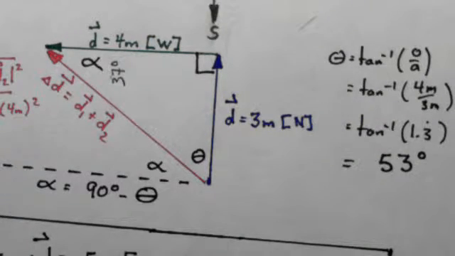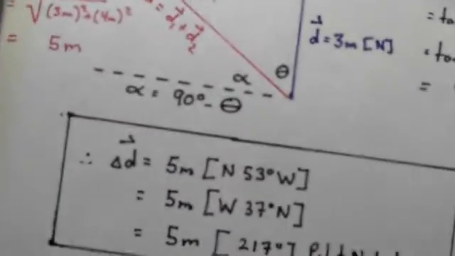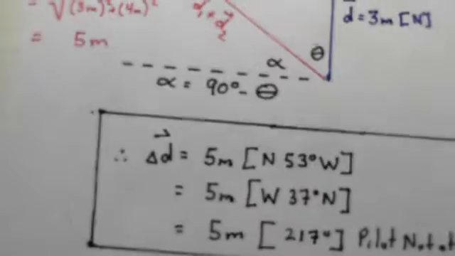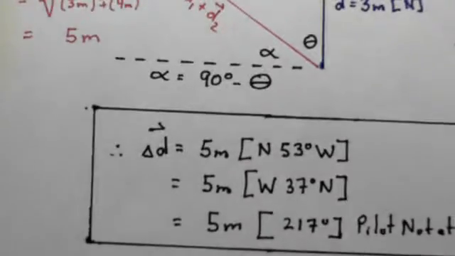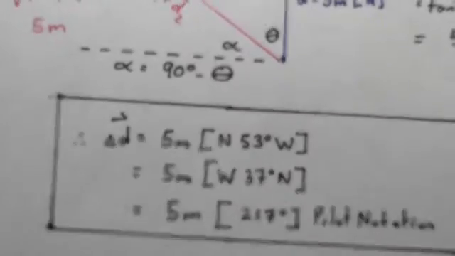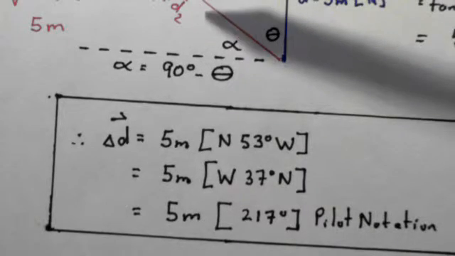Now, vector notation. There are different ways of saying the same vector, and this is the trick in this problem: you have to pick the right way from the question asked, the answer. You could say it's 5 meters north, 53 degrees west.